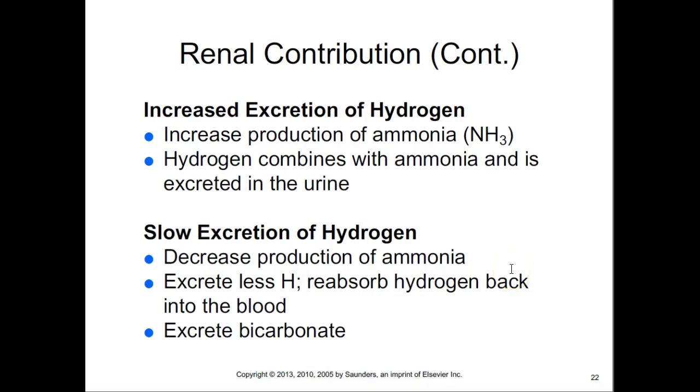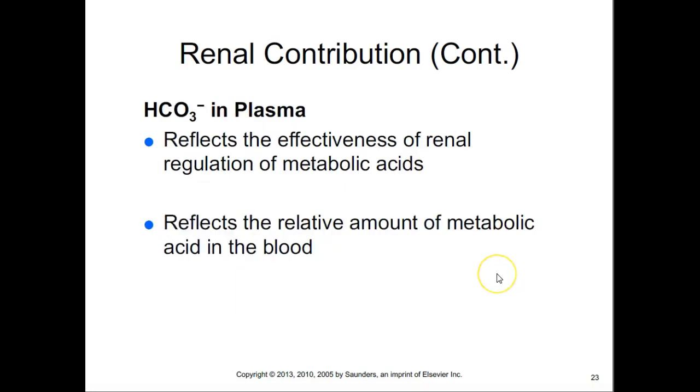For example, increased excretion of hydrogen can also increase the production of ammonia, and so hydrogen combines with ammonia and is excreted in the urine. With slow excretion of hydrogen, decreased production of ammonia, we excrete fewer hydrogen ions, so we reabsorb the hydrogen back into the blood, and we excrete bicarbonate instead.